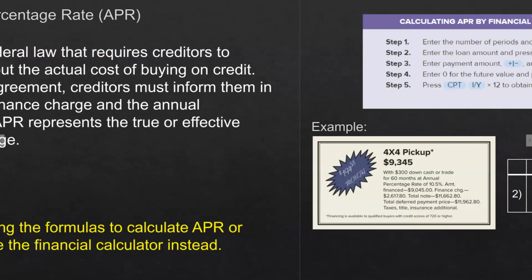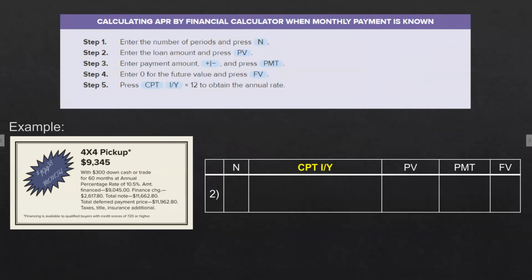Okay. All right, so here we go. So here are the steps for putting things into your calculator. Now, we have some information given in this little advertisement that I have here. And so we're going to find the information we need on each part. So for instance, 60 months is going to be in. So it says enter the number of periods and press N. That's all you have to do.